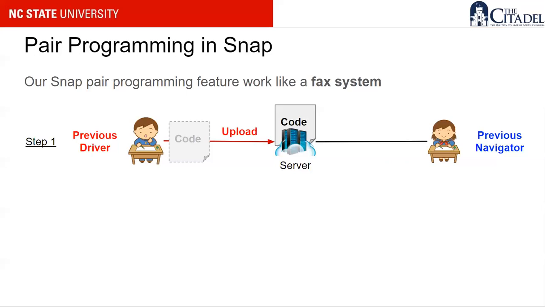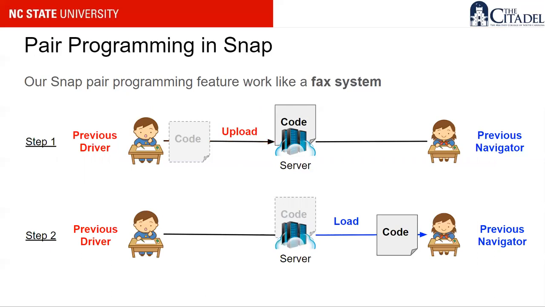First, the previous driver needs to upload the latest version of the code to the server. After the code is uploaded, the driver needs to inform the navigator to download the code from the server. Once the navigator loads the code successfully, the code transfer process is complete.